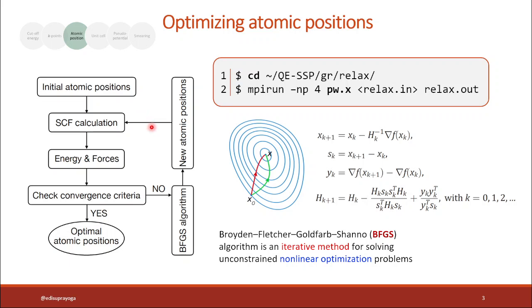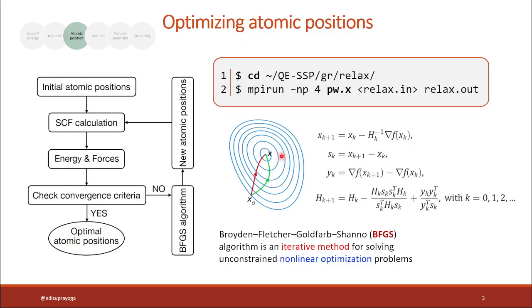At each step of the BFGS algorithm, the new atomic positions are obtained. Then the total energy and the forces are calculated by using the SCF method and the Hellmann-Feynman theorem respectively. When the change of total energy and all components of all forces are smaller than the convergence criteria given in the input file, then the optimized atomic positions are obtained.